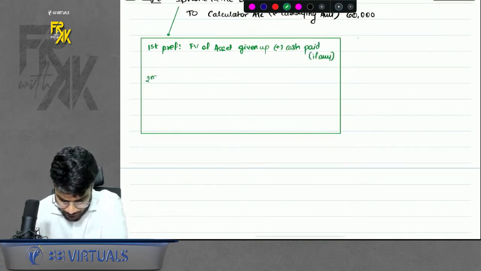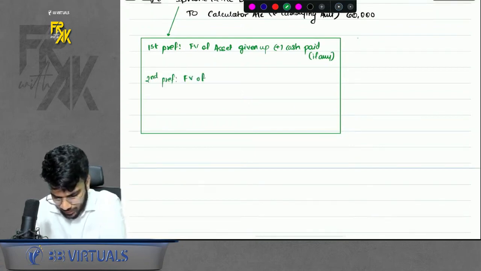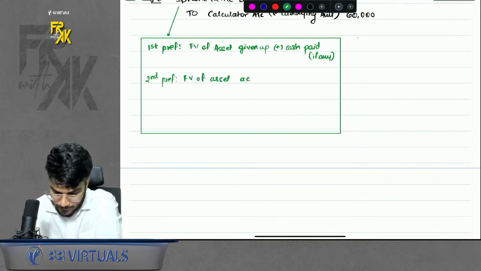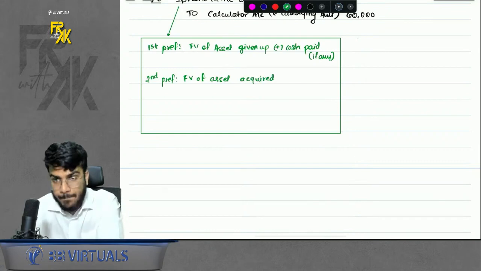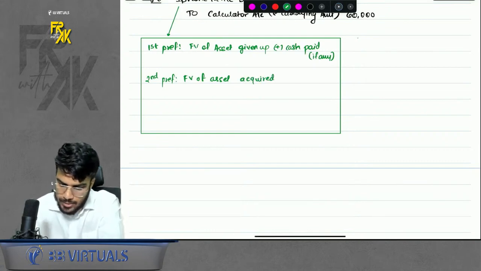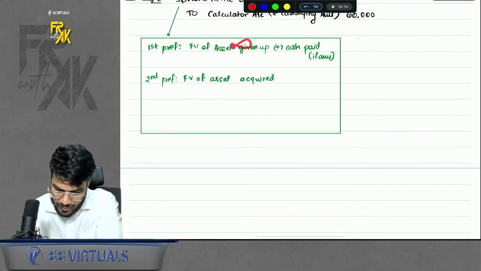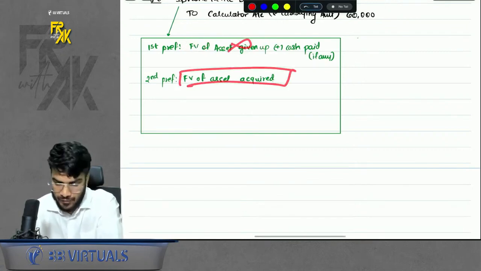Second preference is the fair value of asset acquired. So if you have the fair value of asset given up, you will give it the first preference. If you don't have this, you will give the second preference to the fair value of asset acquired.